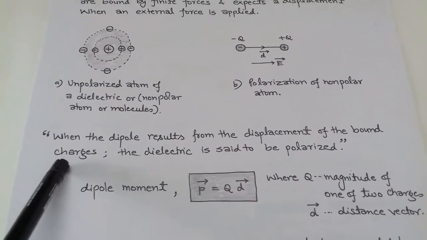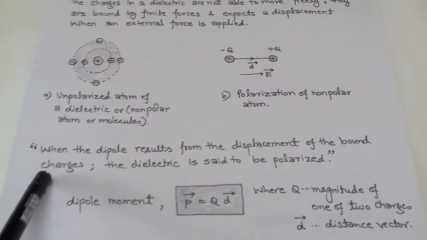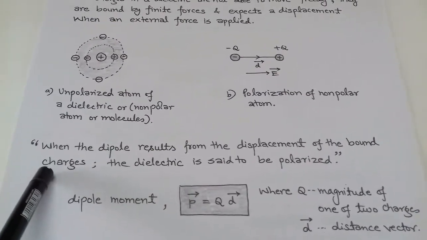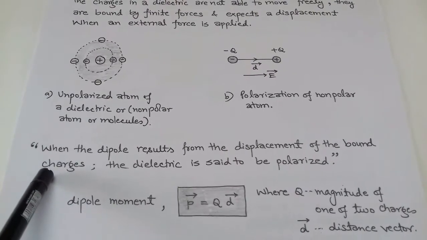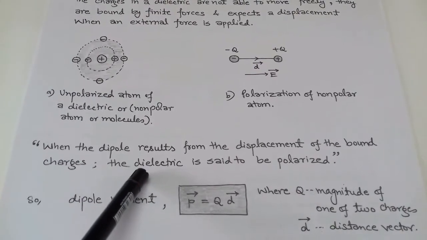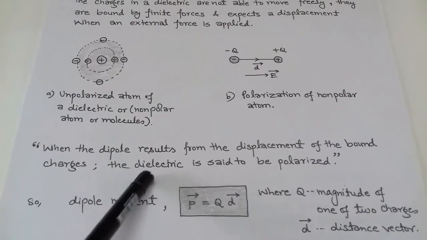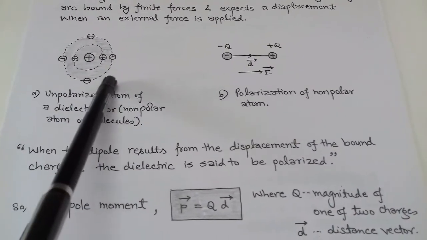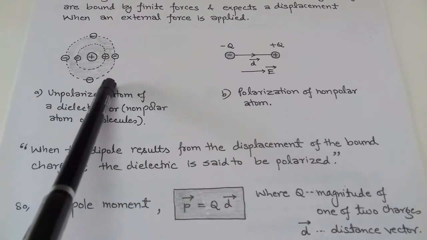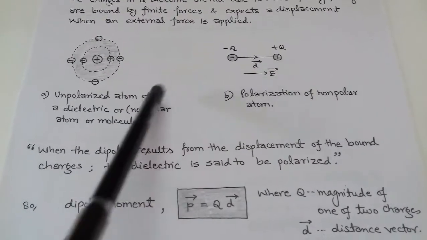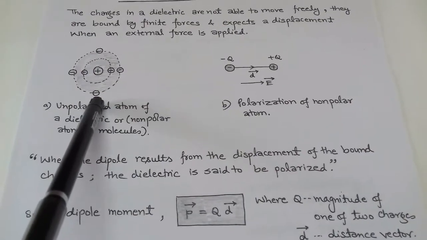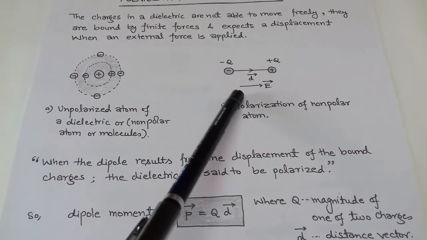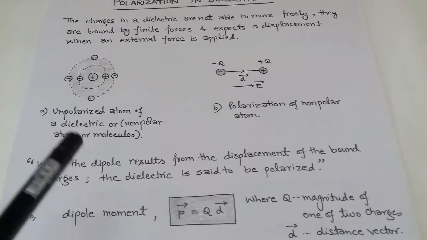So figure B is a polarization of this non-polar atom that is shown in figure A. When the dipole results from the displacement of the bound charge, the dielectric is said to be polarized. Means the dielectric initially is unpolarized, because the atoms are bound by some finite force.